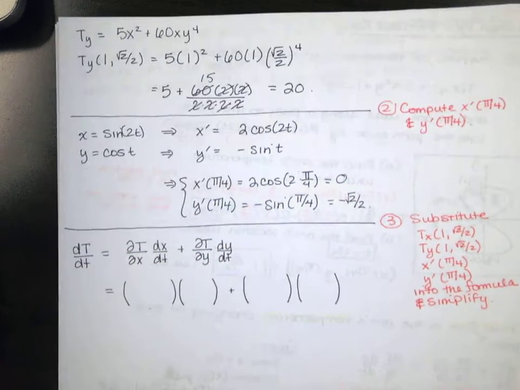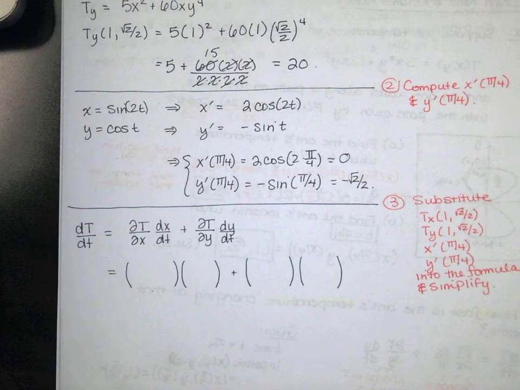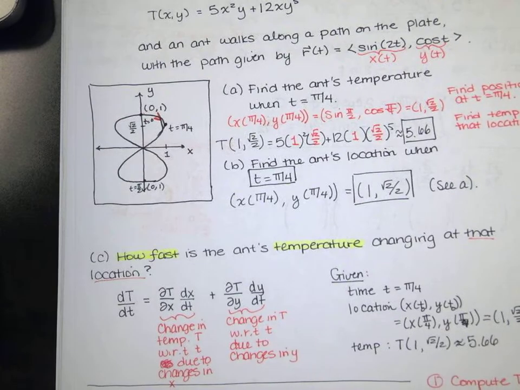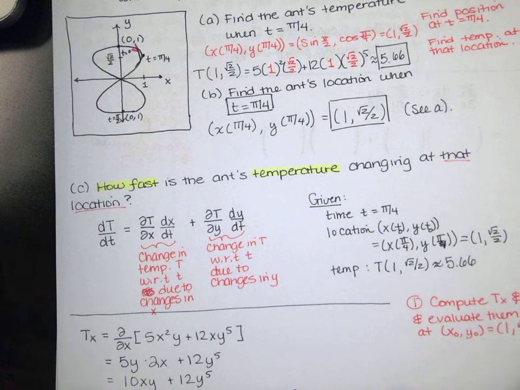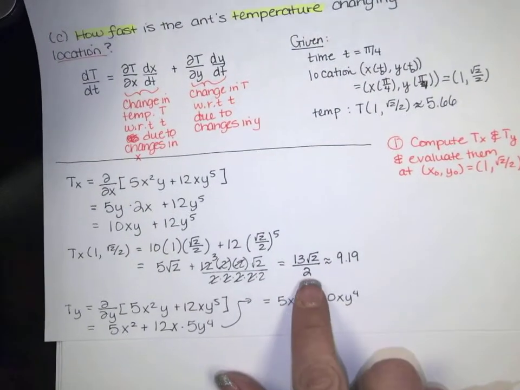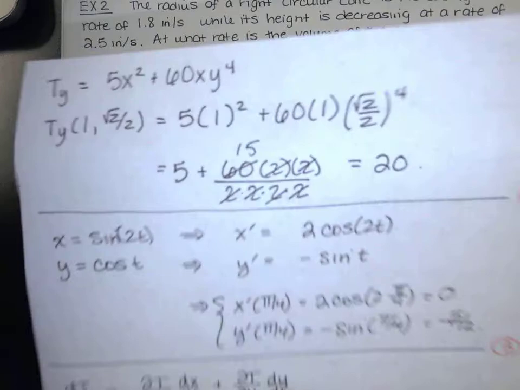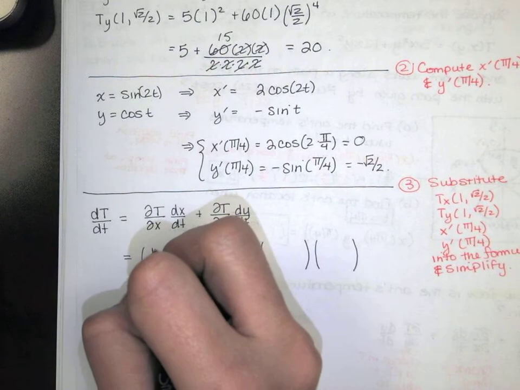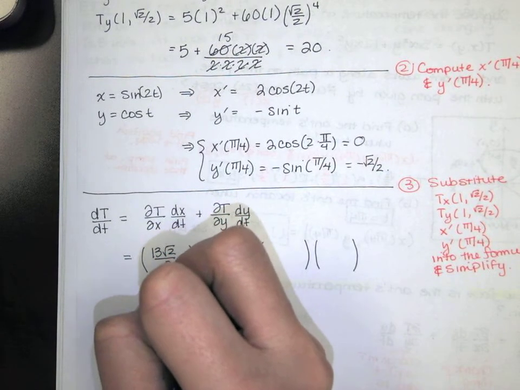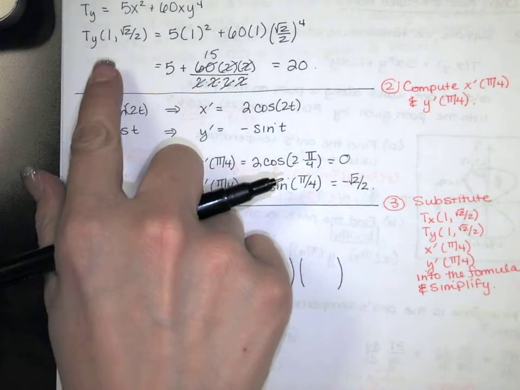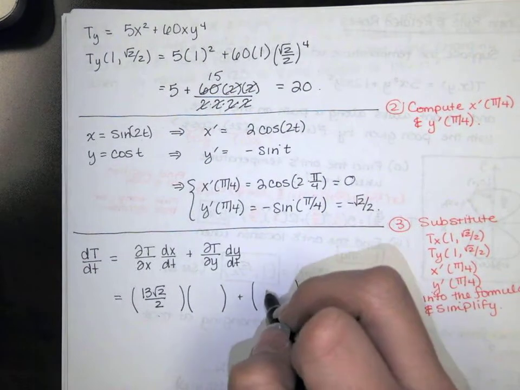We'll flip a page over. It was calculated down here. We have 13 root 2 over 2. The partial of T with respect to y was 20.